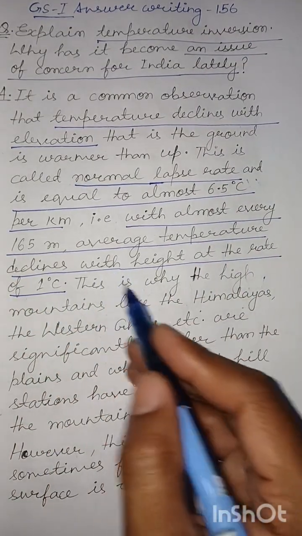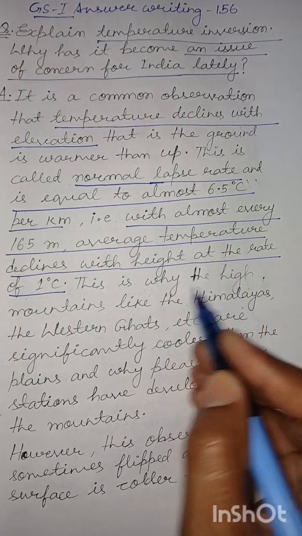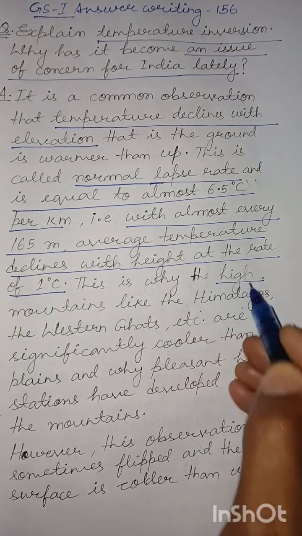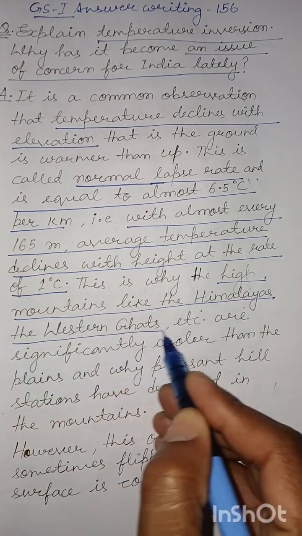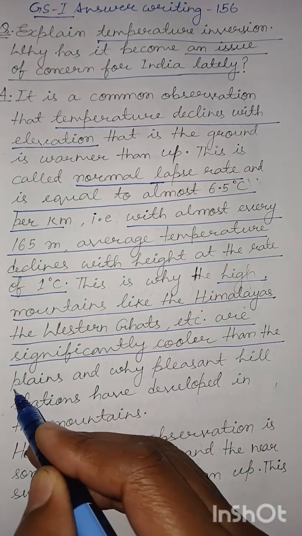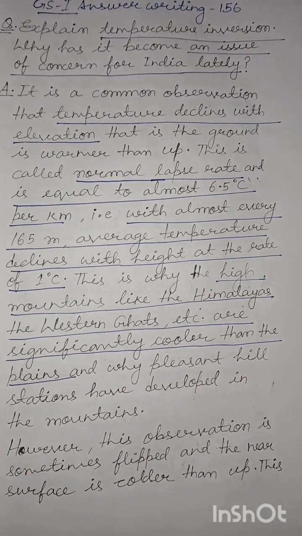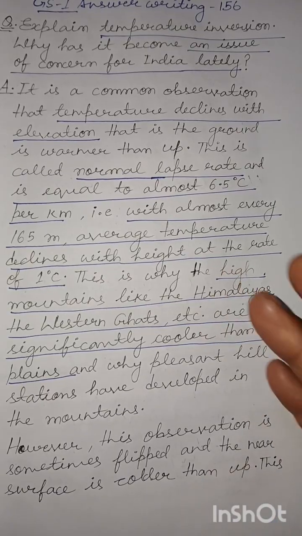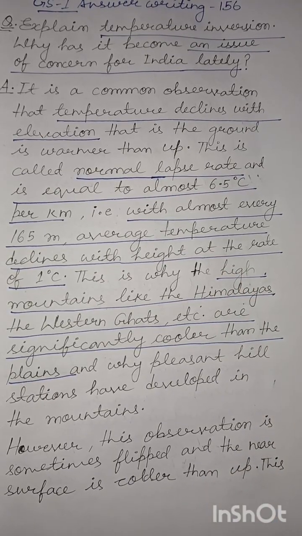Its practical implication is this is why the high mountains like the Himalayas, the Western Ghats, etc. are significantly cooler than the plains, and why pleasant hill stations have developed in the mountains. This is because, as we have just discussed, with almost every 165 meters, average temperature declines at the rate of 1 degree Celsius.